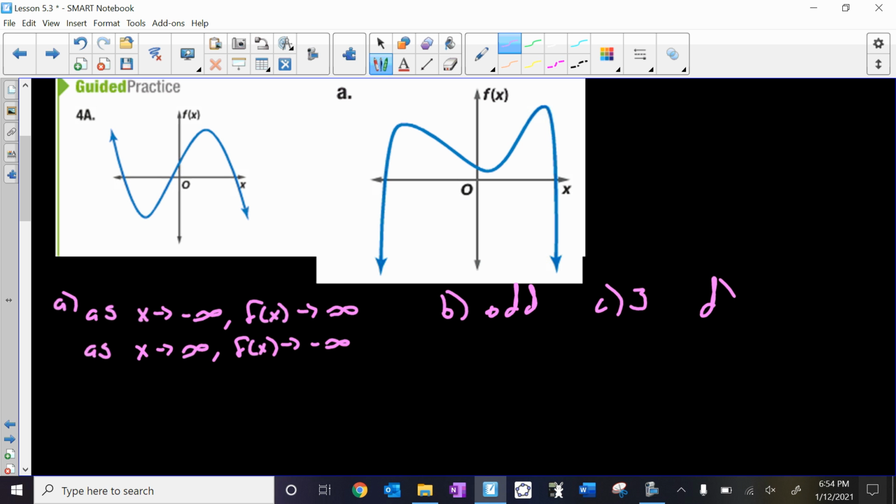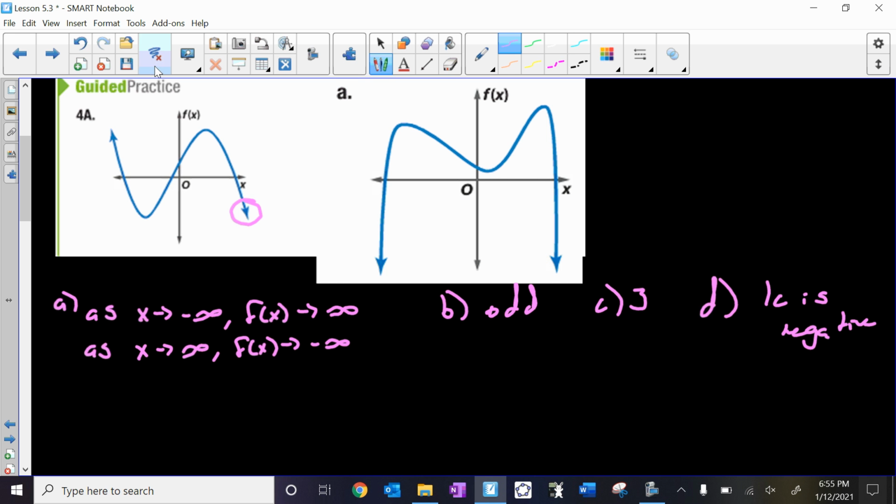And then part D wants to know whether the leading coefficient is positive or negative. The easiest way to determine this based on a graph is to really look at this side. If my graph is going down on this right side over here, then I know that the leading coefficient is going to be negative. If it was going up, then it would be positive.